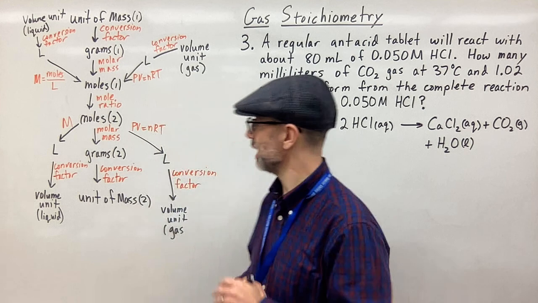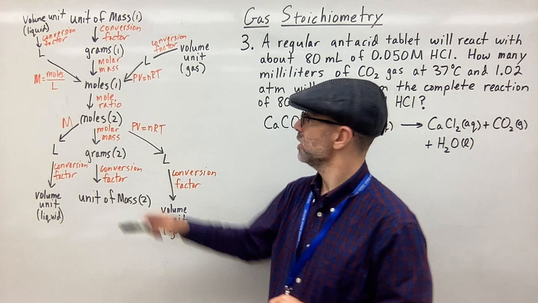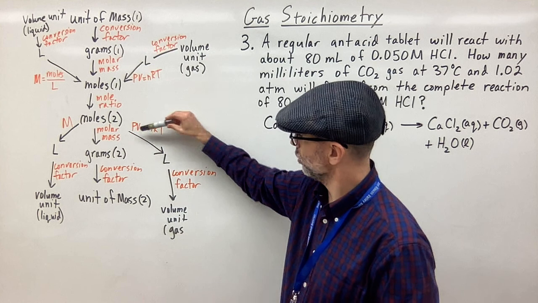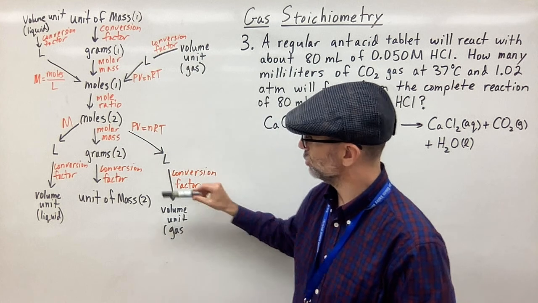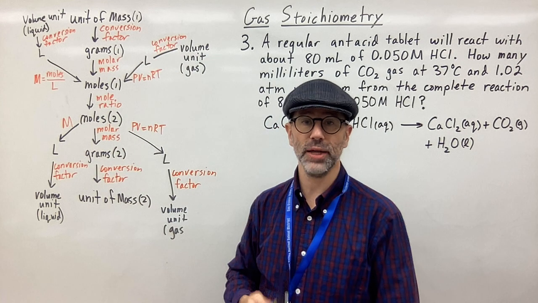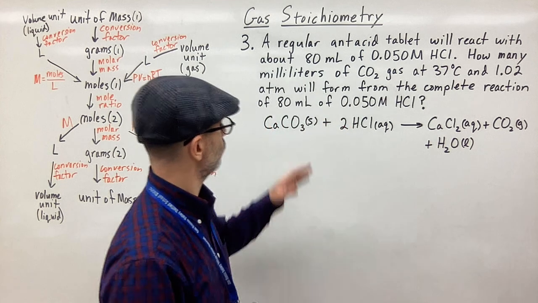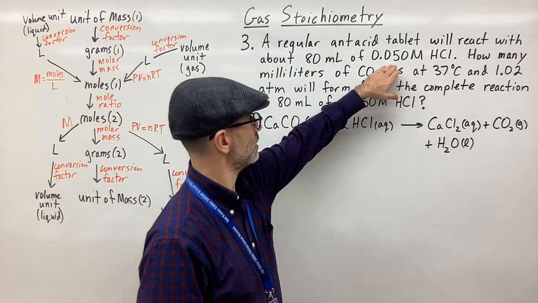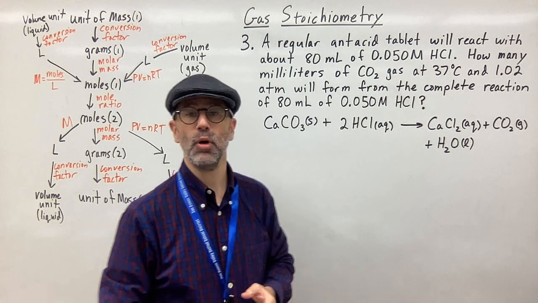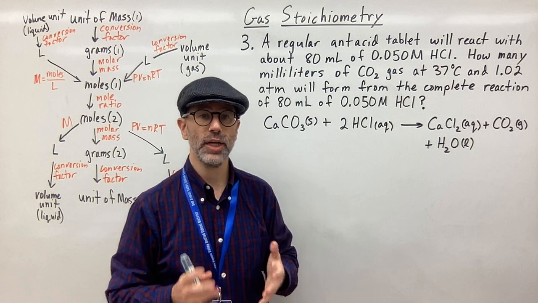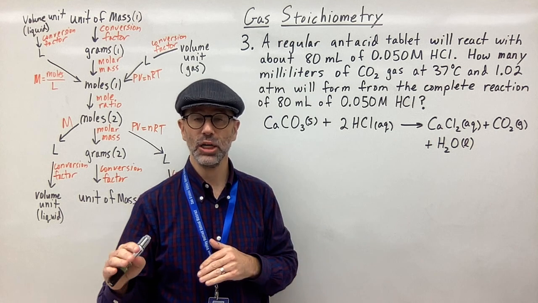So here I have our major highway, the main highway, and then we've got these off roads, these side roads here. So where are we beginning? We're beginning with a volume. We've got a volume of an acid that has a molarity. Whenever you're given molarity, you want to use that as a conversion factor because molarity is moles per liter.